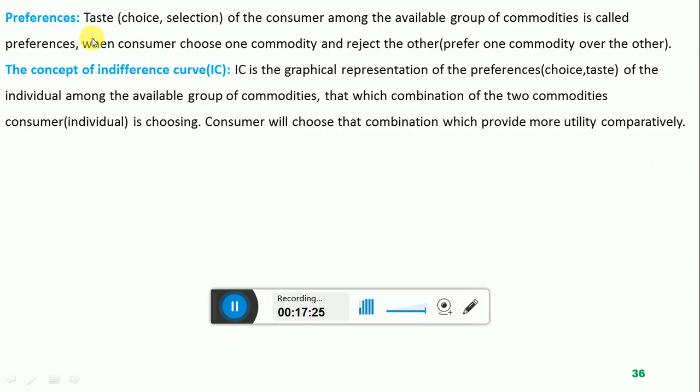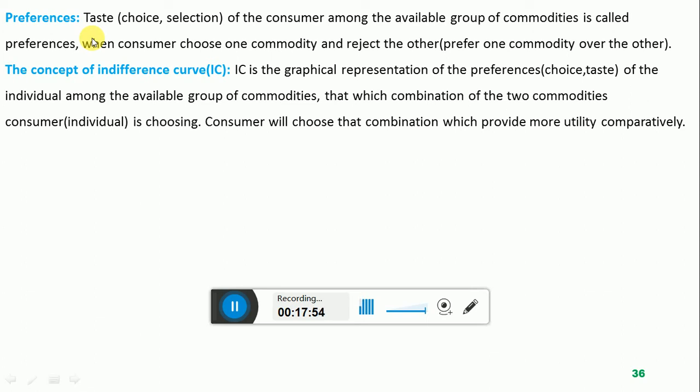Now we are starting something new, preferences. Preferences mean taste, choice, selection. When a consumer chooses one commodity as compared to the other, the consumer selects one and rejects the other. When the consumer has to choose among the available different bundles of goods and services, the consumer will choose one bundle or one commodity and reject the other.